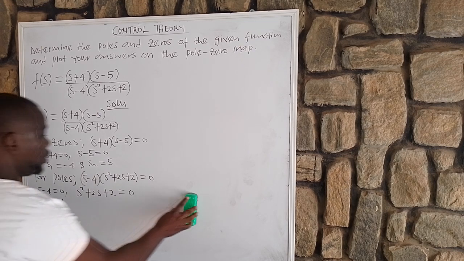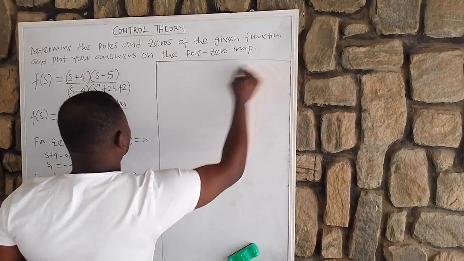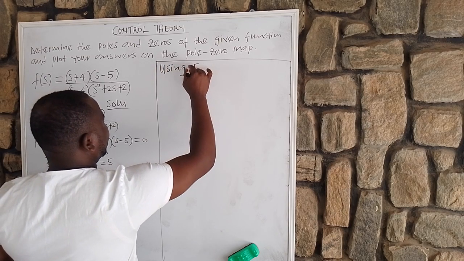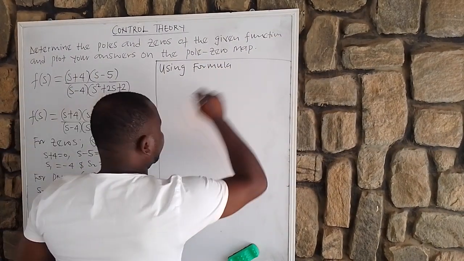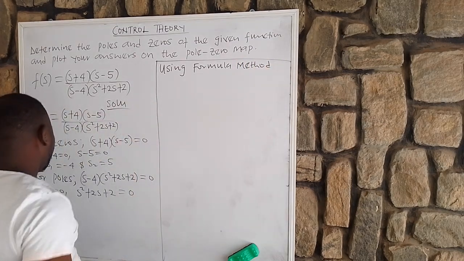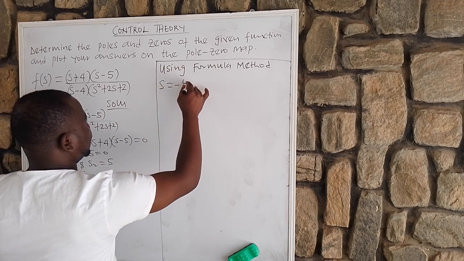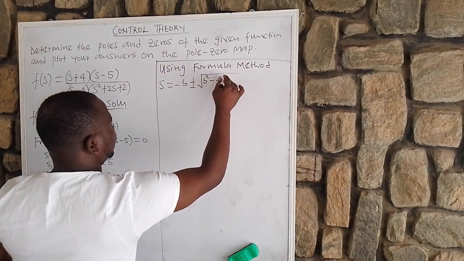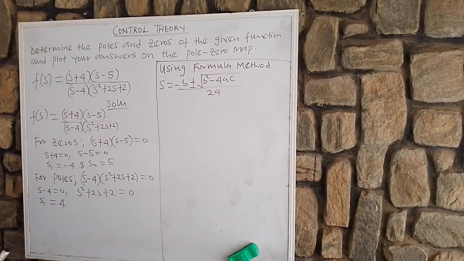So for that reason, we now write, using the formula method, s is equal to minus b plus or minus the square root of b squared minus 4ac, all over 2a. True or false? This is the formula.